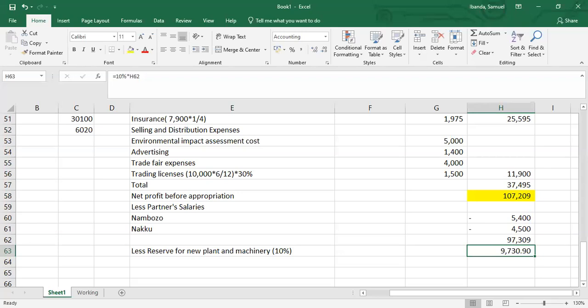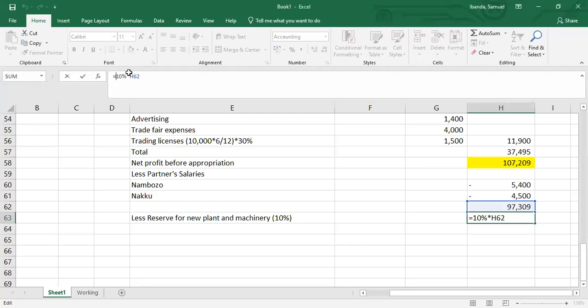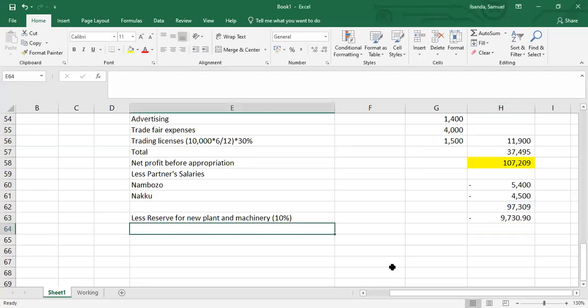And then I'll get what I'll call after this. This is, of course, a minus. We are first removing it. So after you less that, you get what will be your profit to be shared. Okay, this is profit to be shared among partners.